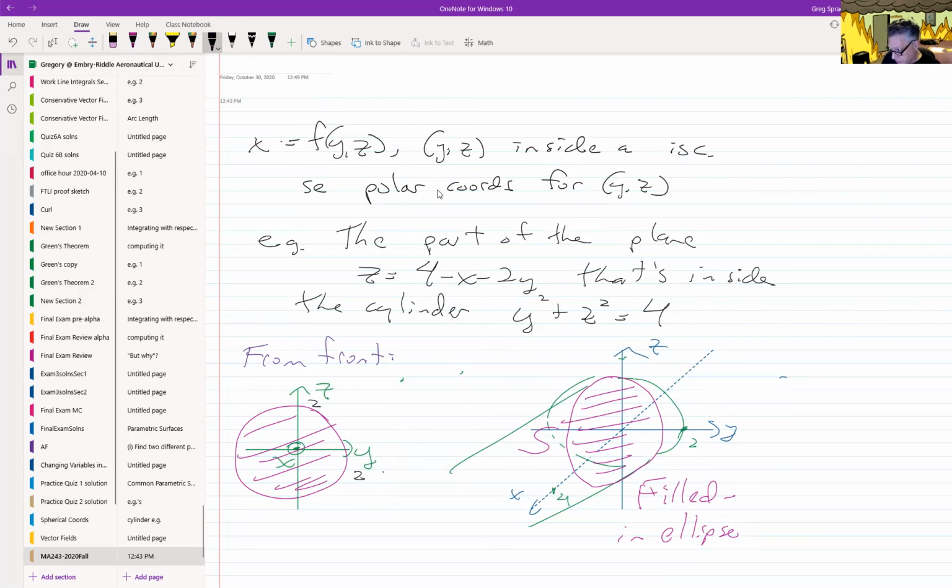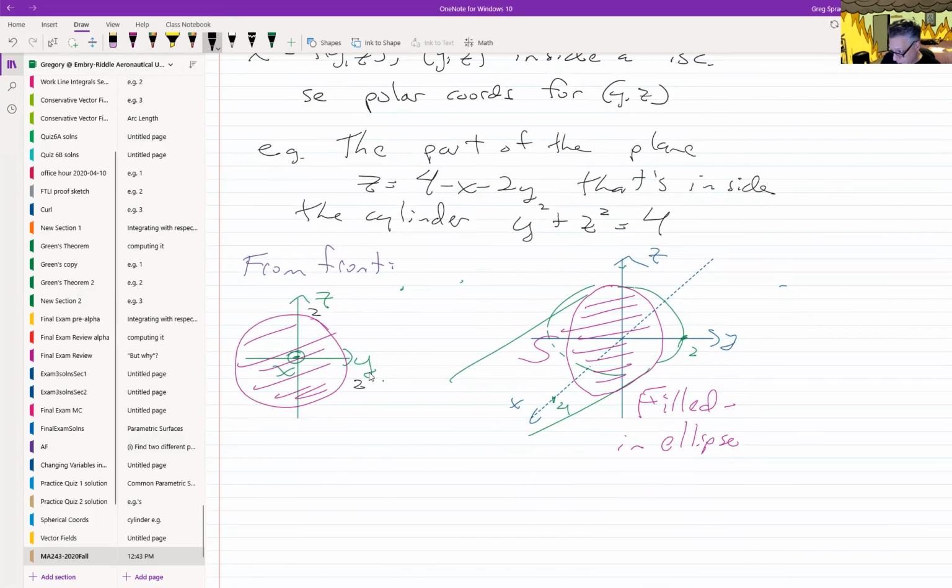So I'll use polar coordinates for y and z. The radius is u, which goes from 0 to 2. The angle goes in a complete circle. So v goes from 0 to 2 pi.